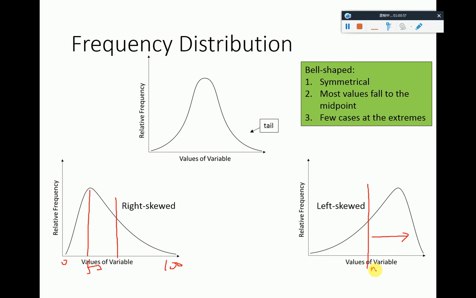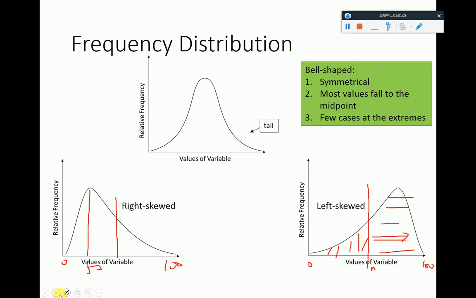The midpoint's here, so most of the values will occur to the right, because the area under this part is obviously larger than the area under this part of the curve. This will happen when we have an easy examination. Lots of people will have very high scores, but far fewer people will have very low scores.